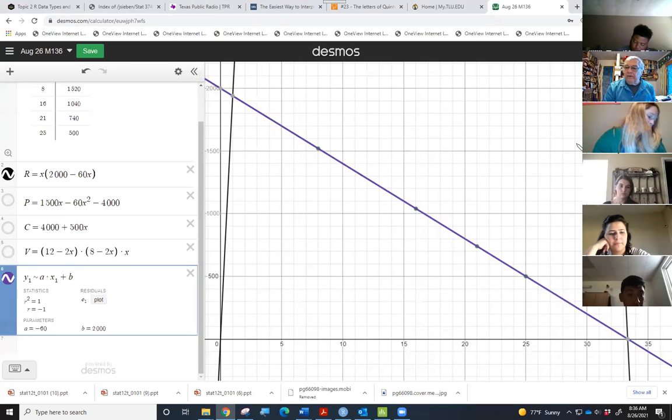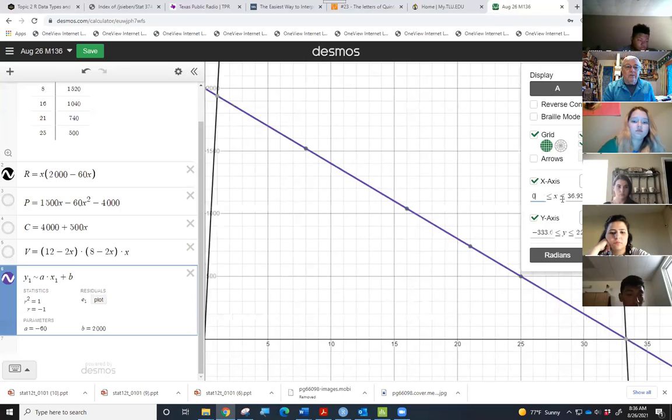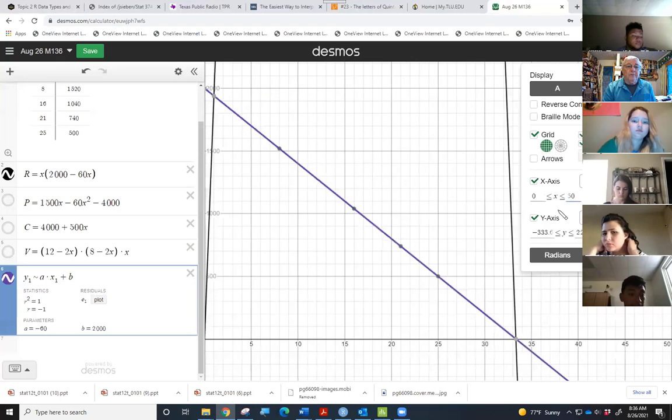Not real convenient because my window isn't right. So let's clean that up. And what would we want this window to be? Well, I can see again that I would want x to be between maybe 0 and, let's just say, 50.